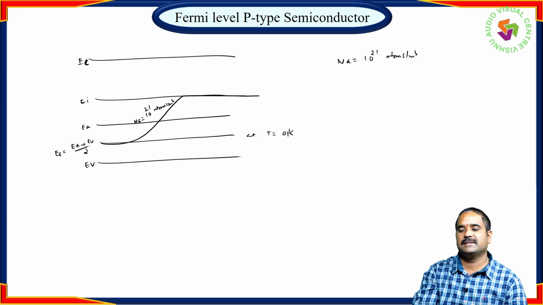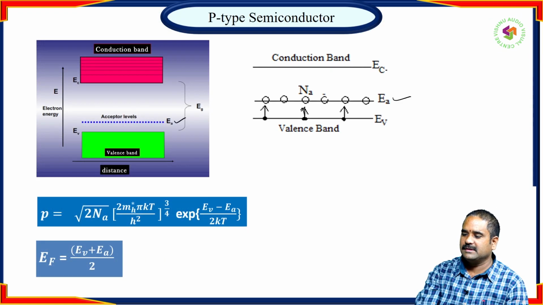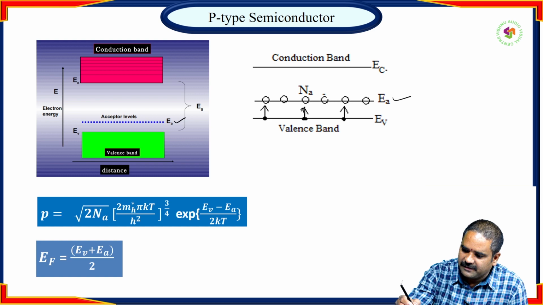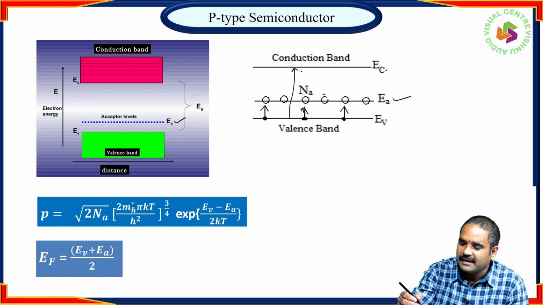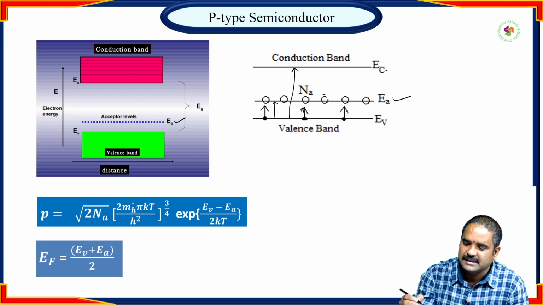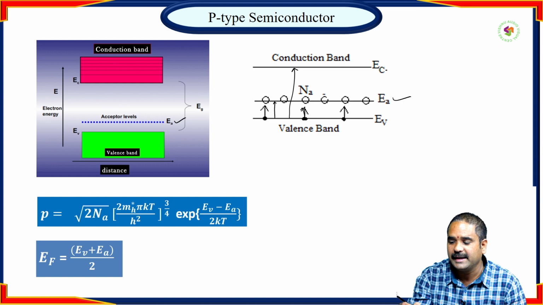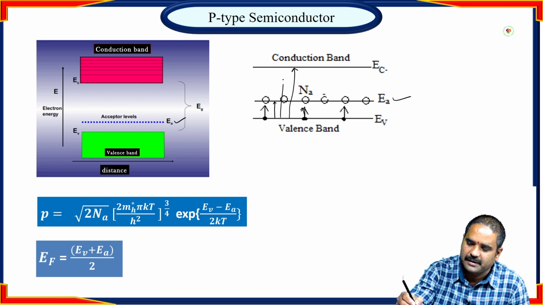At higher temperature, the Fermi level in p-type semiconductor is same as Fermi level in intrinsic semiconductor. Here also the same reason. At higher temperature, the electrons also excite from valence band to conduction band. At low temperatures, the electrons get excited from valence band to acceptor energy level only. But at higher temperatures, the electrons get excited from valence band to conduction band.